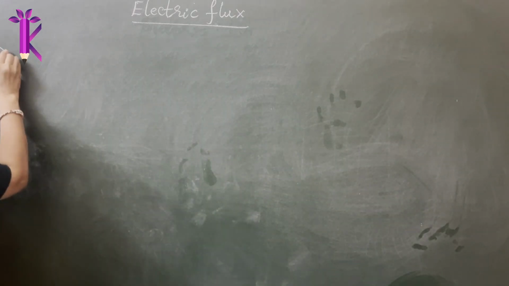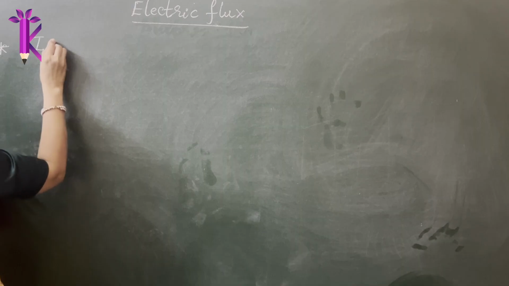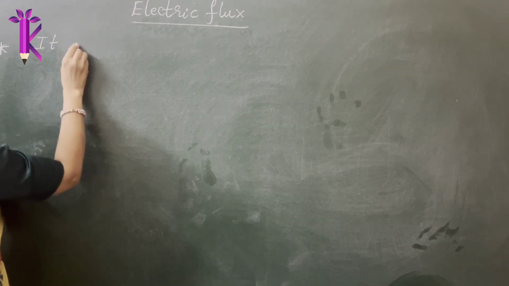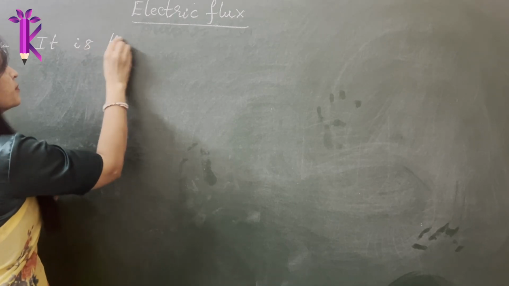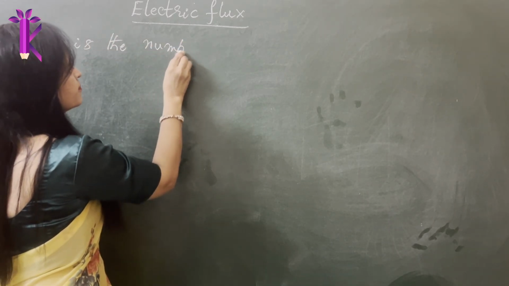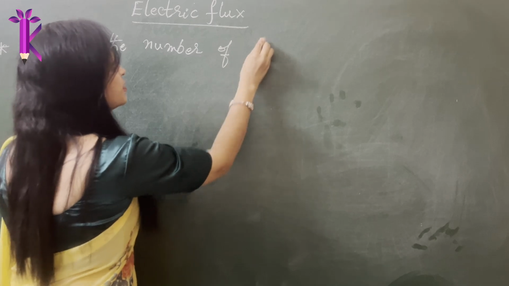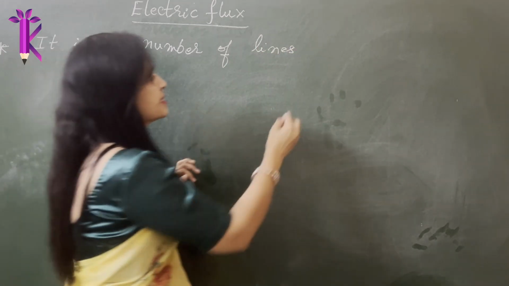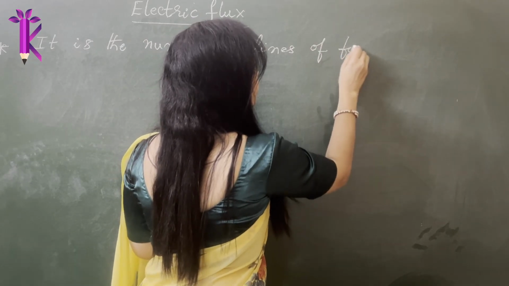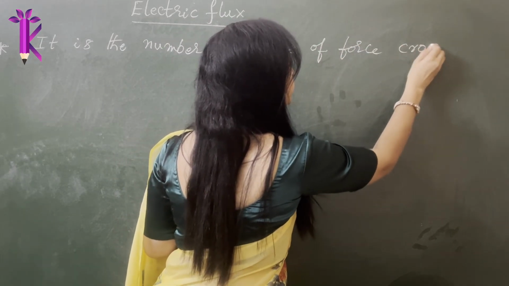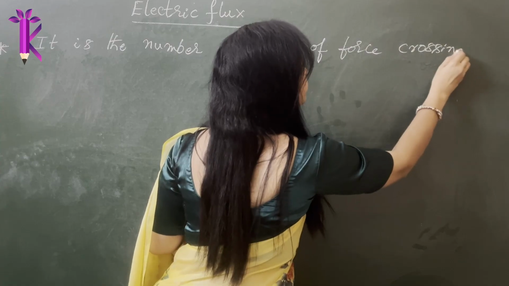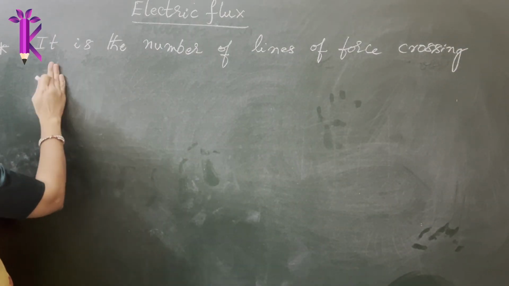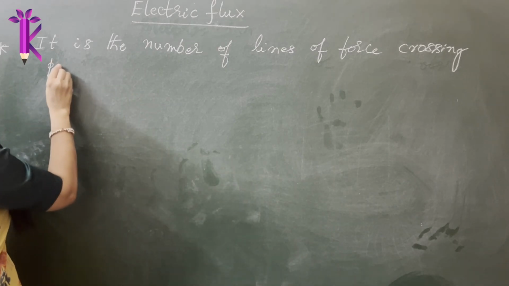The definition is, it is defined as the number of lines of force, or you can also refer to them as electric field lines, crossing a given unit cross-sectional area, or number of lines crossing per unit area of a surface.